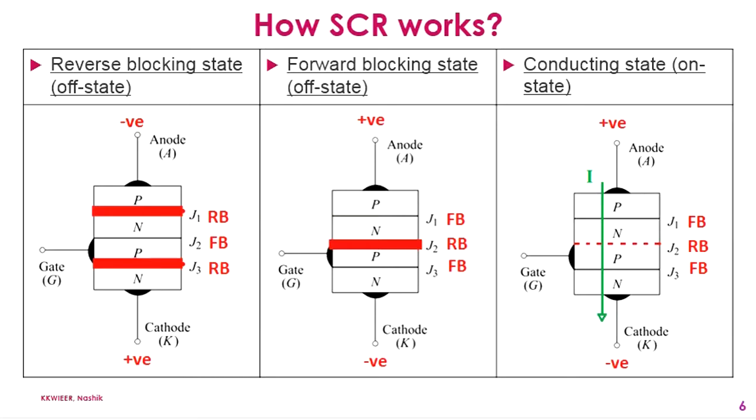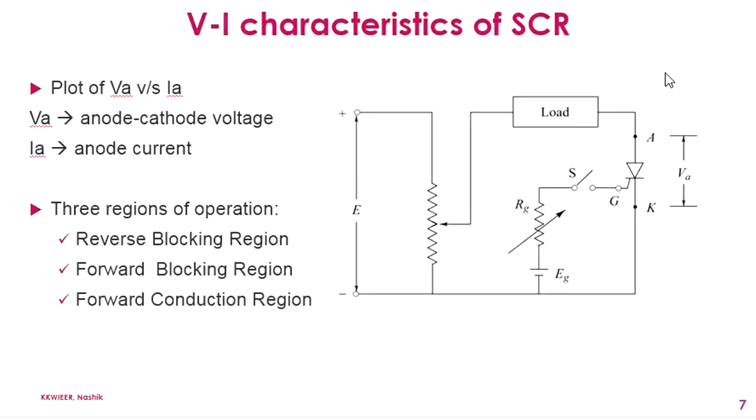Let's move towards the next topic, that is static or VI characteristics of SCR. This is a circuit diagram for obtaining the VI characteristics of this thyristor, and here anode and cathode are connected to the main source through a load, and the gate and cathode are fed from the external source EG. Again, as we have seen the three regions of operation for this SCR: reverse blocking, forward blocking and forward conduction.